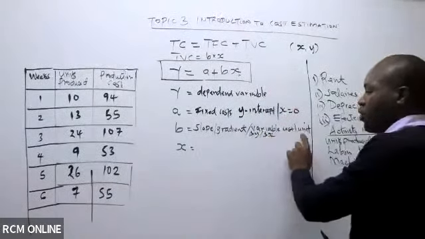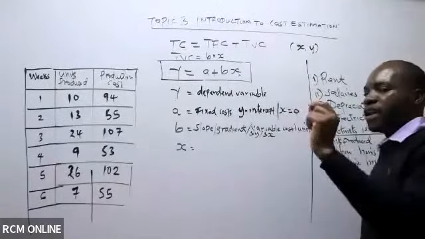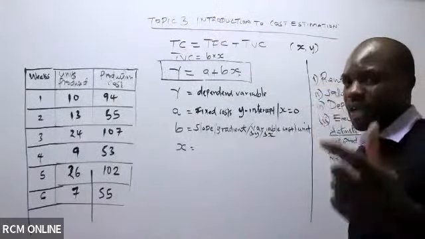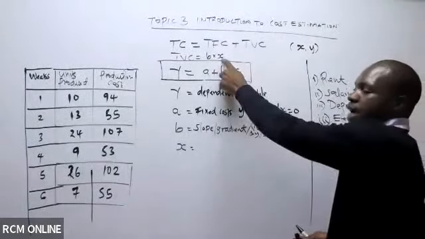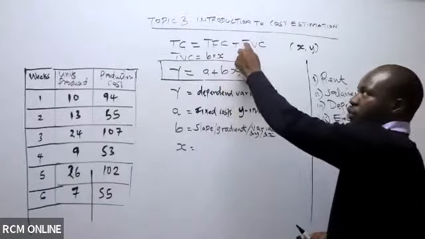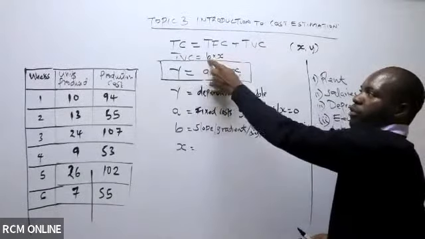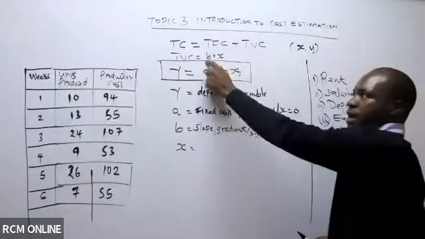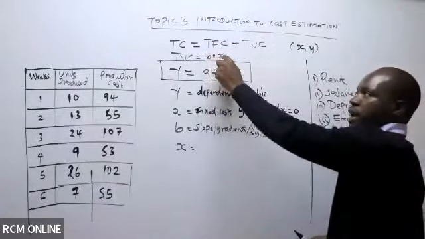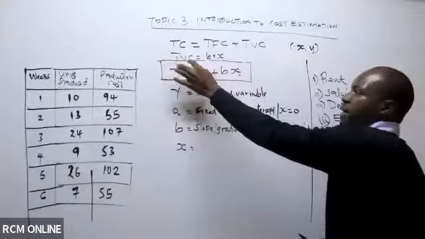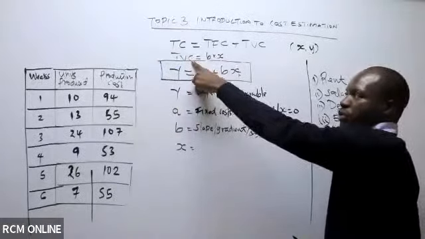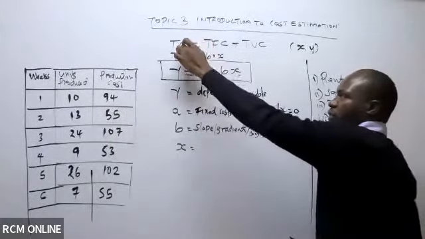It is variable cost per unit. Variable cost per unit will be constant. The only thing that will make it change is the activity level. For us to get total variable cost, we need variable cost per unit, which is a constant figure, right? This B. Then x will keep on changing. So the changes in x will make our total variable cost change.